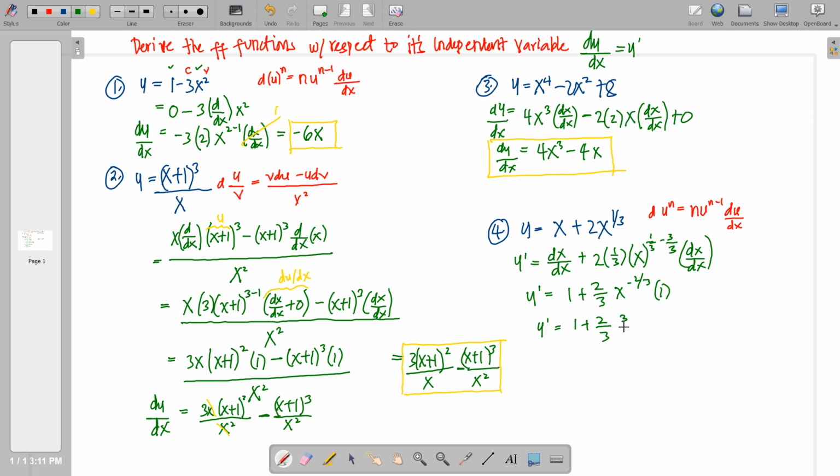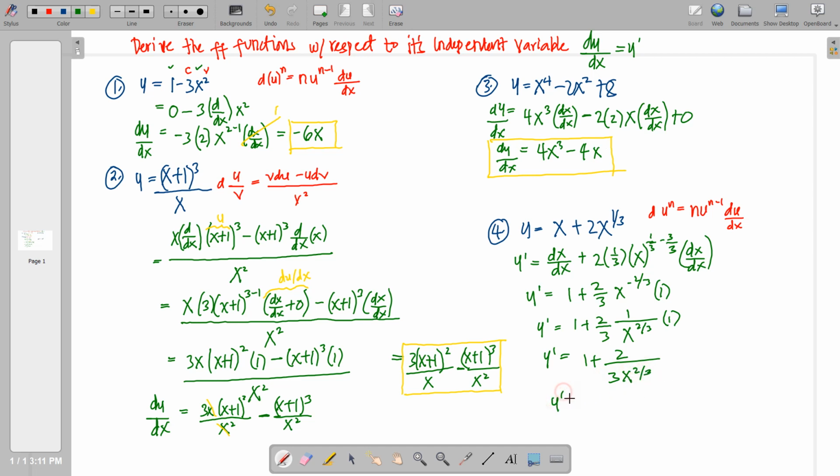Third root. By the way, sorry. Ibig sabihin lang nitong negative exponent is we'll just have to reciprocate that 1, becomes x raised to 2/3. Okay, so anyway, may times 1 yan. So y prime here, 1 plus 2 all over 3 x raised to 2/3.